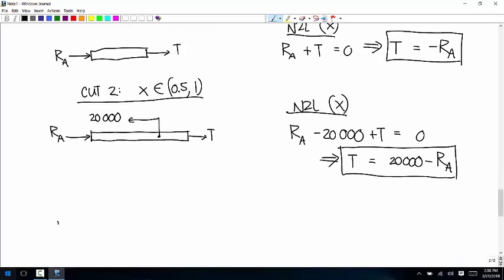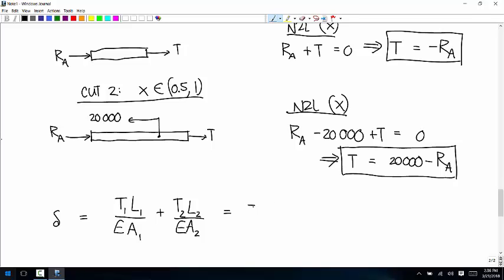And now the total elongation is equal to, the formula we're going to use is T1 times L1 over EA1 plus T2 L2 over EA2. So plug in these expressions for T1 and T2.